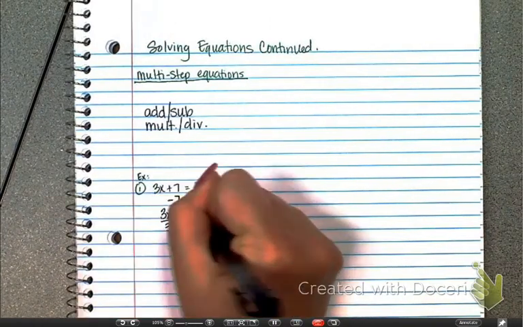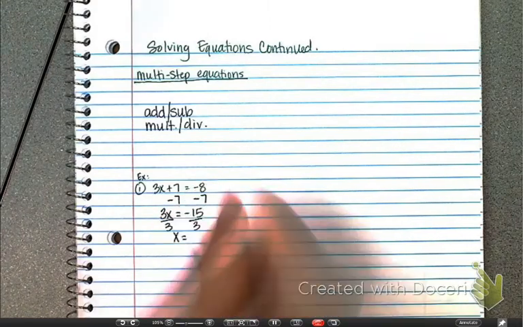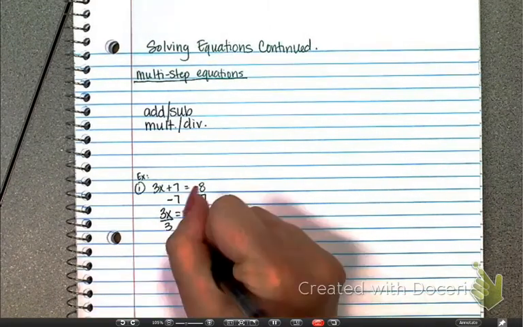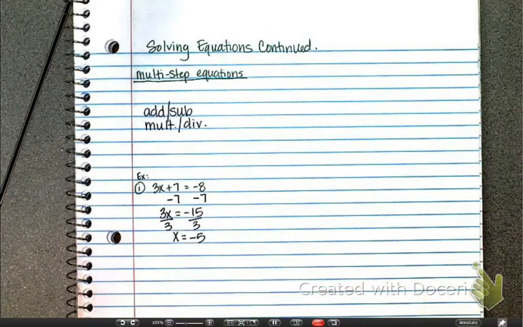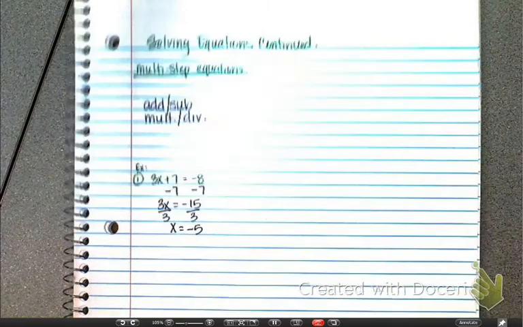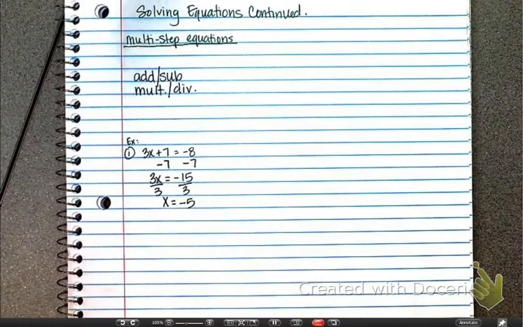Divide by -3, x equals -5. Okay, so we do our addition and subtraction first before our multiplication and division. Everyone okay with that? Yes, ma'am.